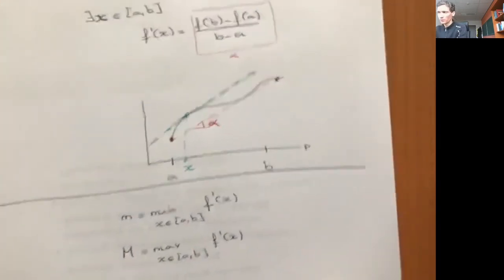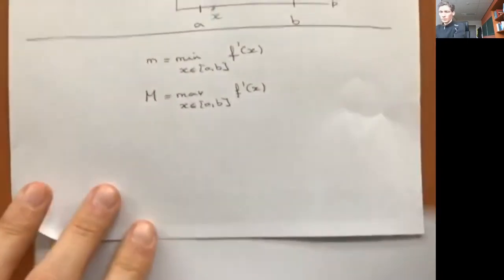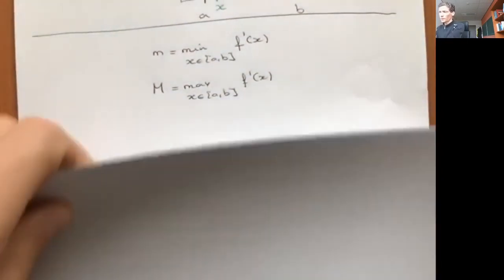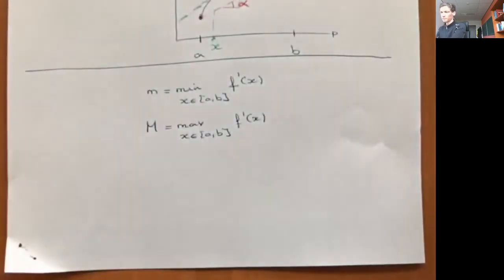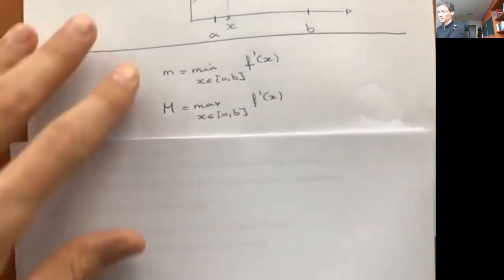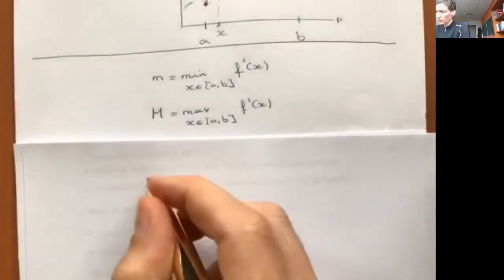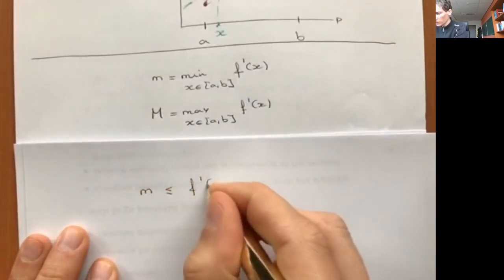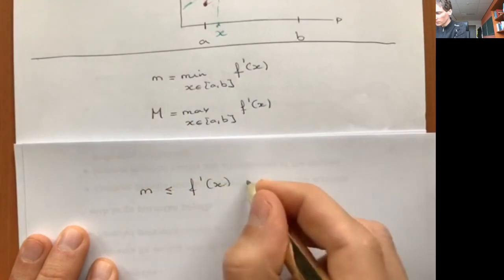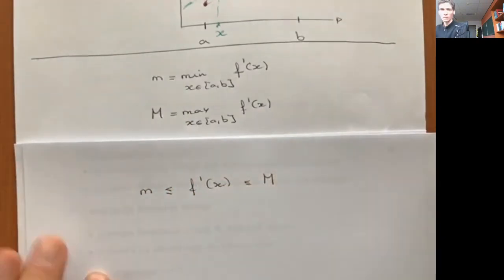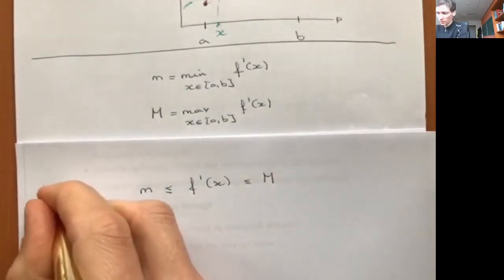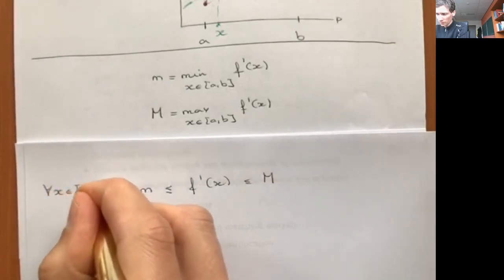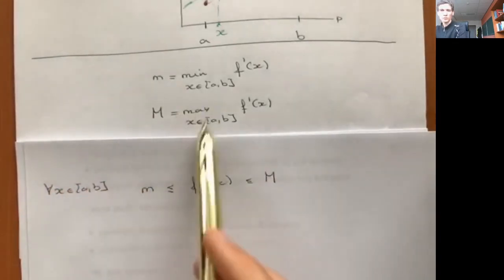That's the intermediate value theorem that we have seen a couple of minutes ago. So what are we going to do? Well, we know that m is lower or equal to f'(x), which is lower or equal to big M, and this holds for all x in the interval (a,b), just by definition of the minimum and the maximum.